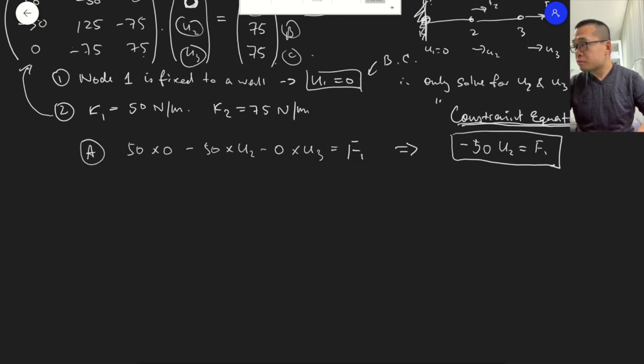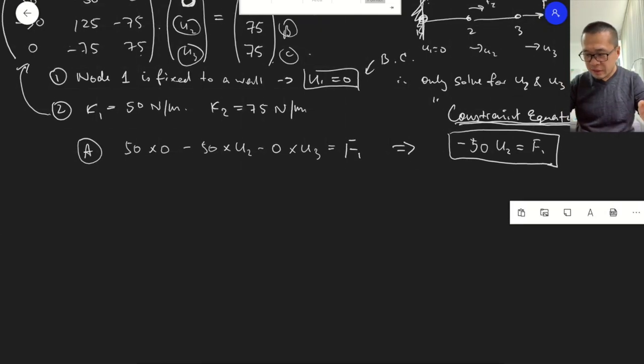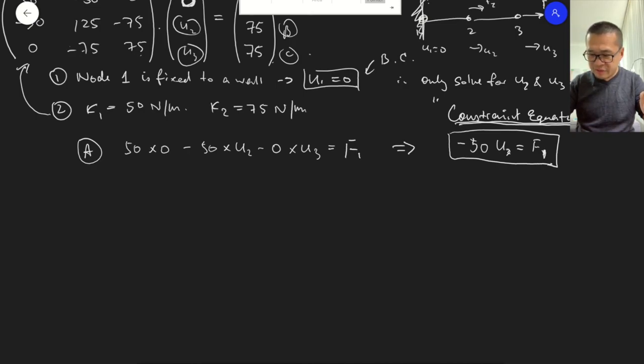Now, it basically tells you that if the whole thing is under equilibrium, the force on node 1 must satisfy this relationship with respect to the displacement U2, because U1 is fixed, okay?